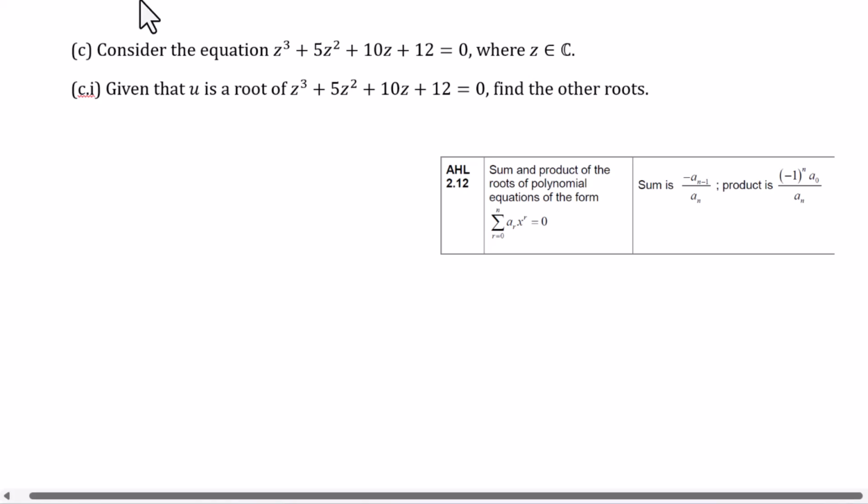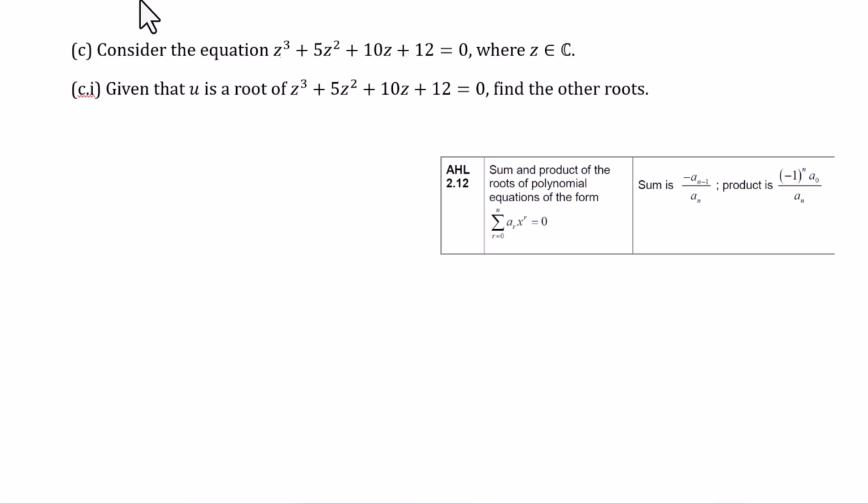Let's go to C. Consider the equation z cubed plus 5z squared plus 10z plus 12 equals 0, where z is a complex number. Given that u is a root of the given equation, find the other roots. z1 equals u equals -1 plus square root of 3 i.